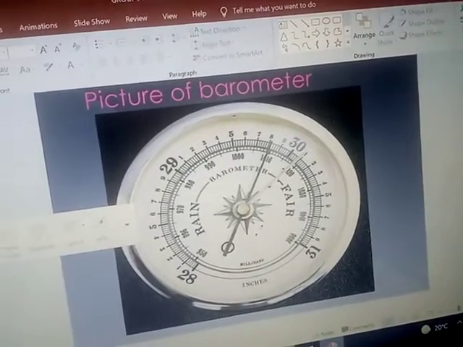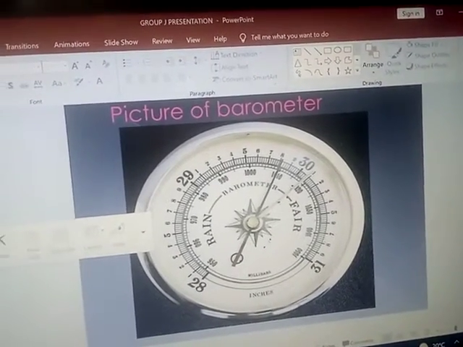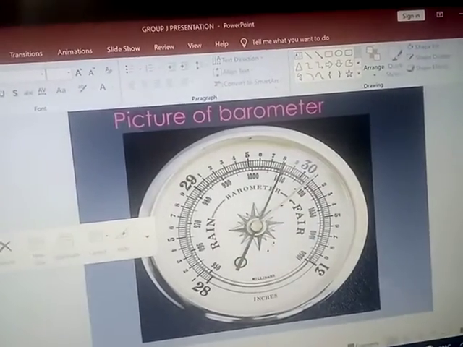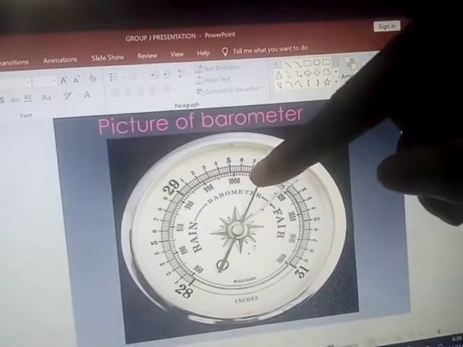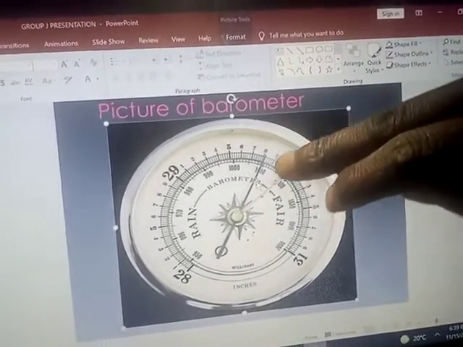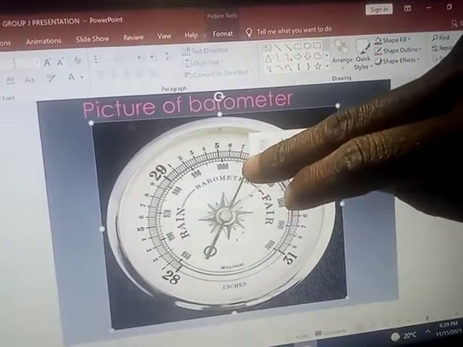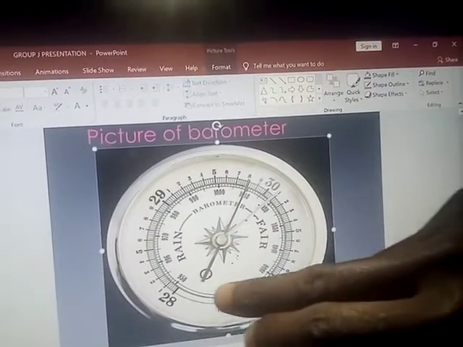Here is a picture of a barometer, and as you can see, there is a pointer, and the marks or the scale is also there. This is the pointer itself. When there is a change in air pressure, this tip will move.